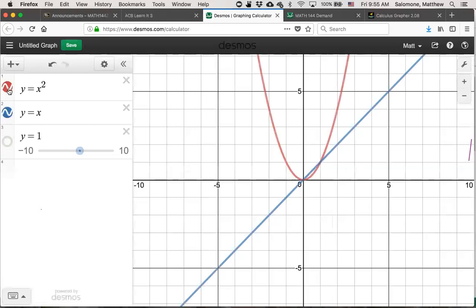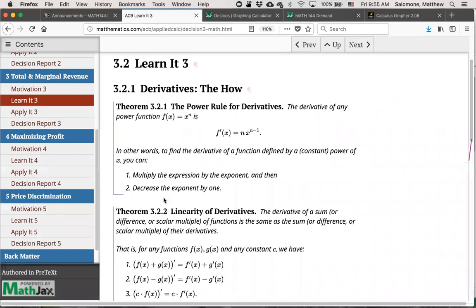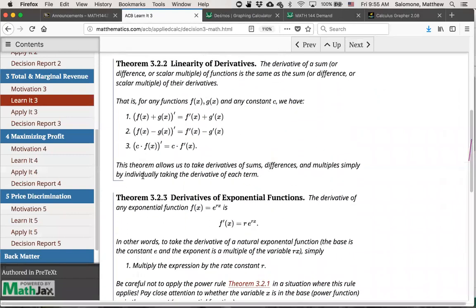The first thing we need to know about how to compute a formula for a derivative is this linearity of derivatives theorem. It tells us that if I'm adding or subtracting a bunch of functions, or multiplying those functions by a constant, I can compute the derivative of that combination by doing each piece one at a time.